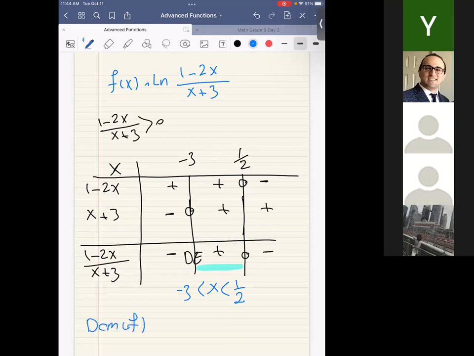The domain of f is the open interval from minus 3 to 1/2. Any question?